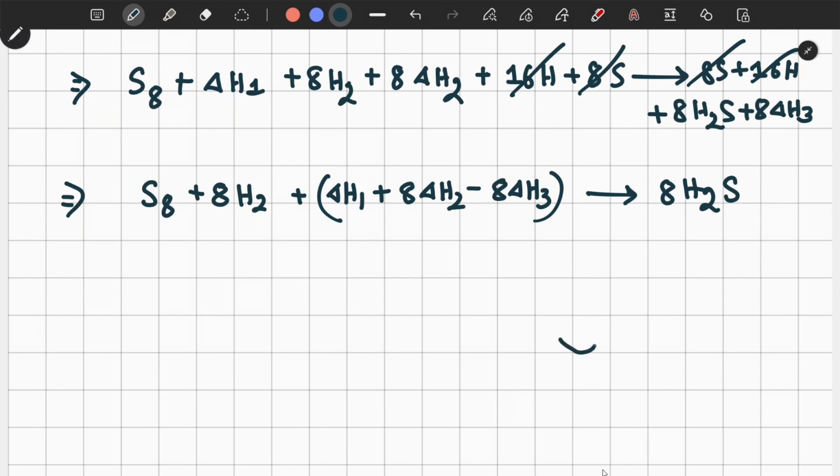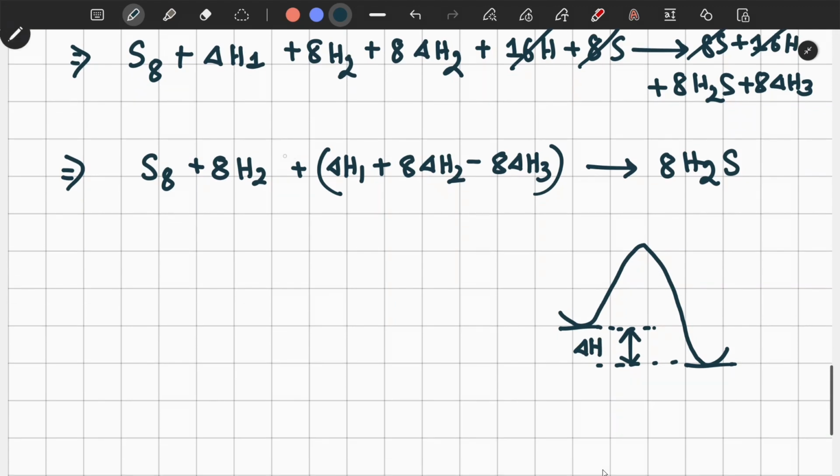How is the enthalpy defined? If you consider this is the reactant side and this is the product side, this is the delta H, the enthalpy change of the reaction, right? So here how can you define it? This is positive, correct?